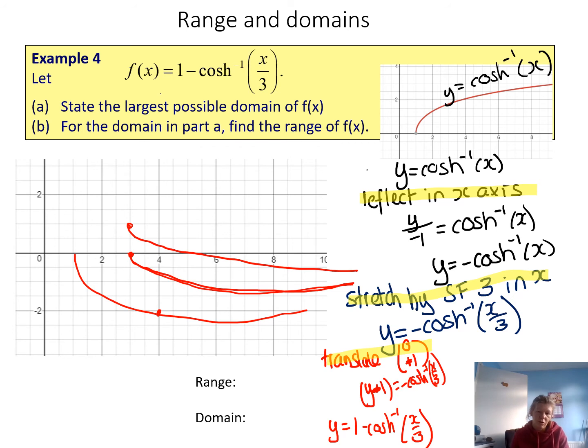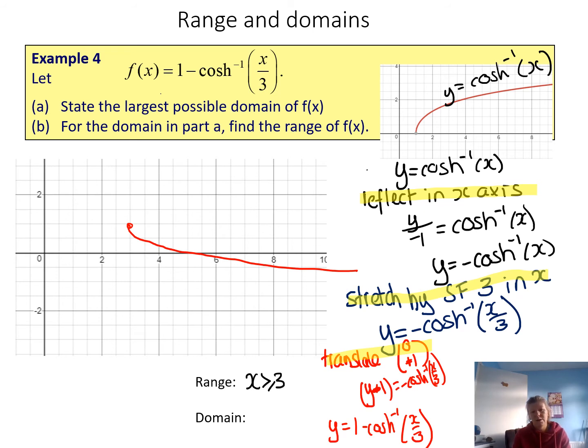So I can rub those others off now. That's not a nice graph, to be fair, but you can get the gist for writing range and domain. So what can x be? Well, x can only be 3 or bigger. And that was the domain, not the range.